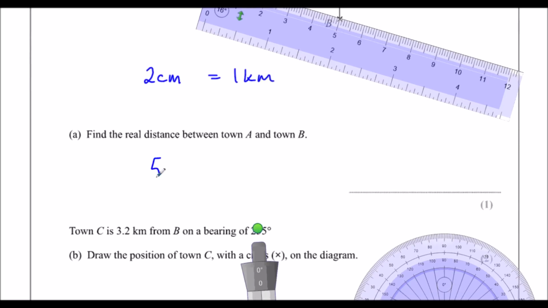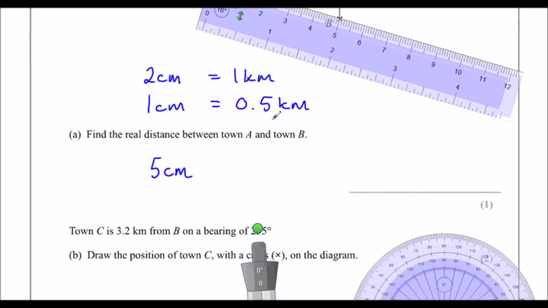So 5 centimeters on the map, on the scale, on the drawing. How much is that in real life? What's the real distance? So every 2 centimeters is 1 kilometer. So every 1 centimeter must be half a kilometer.